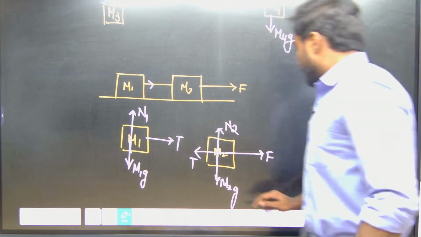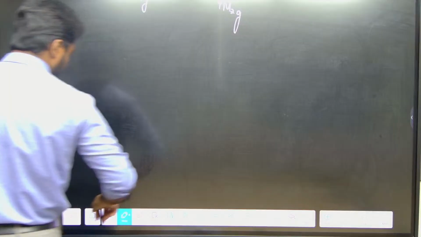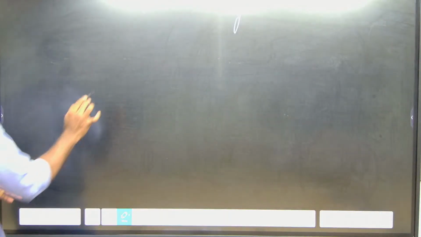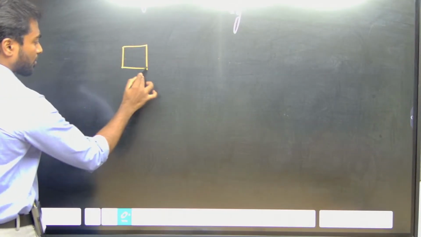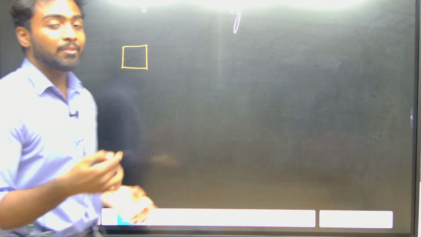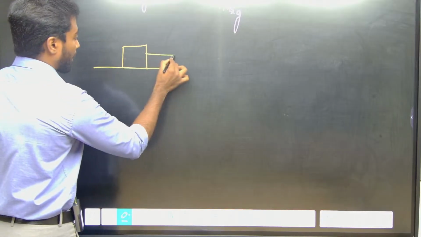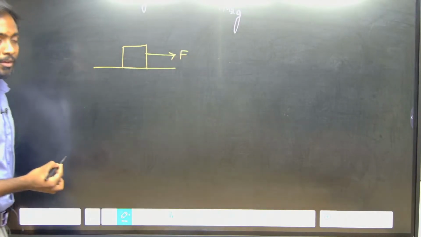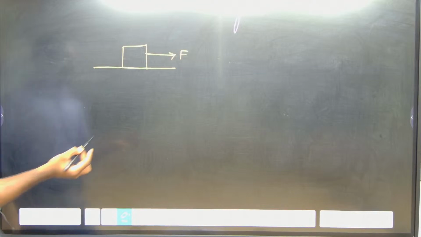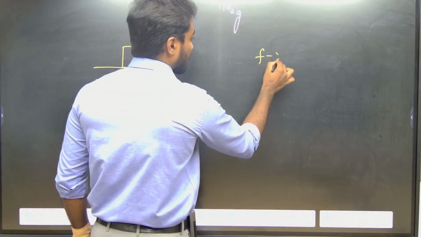Now the final thing is friction. Friction, it's simple. Friction acts only when there is contact with the surface, right? So if this is my body, if I am going in this direction of force, friction is always acting in the opposite direction.